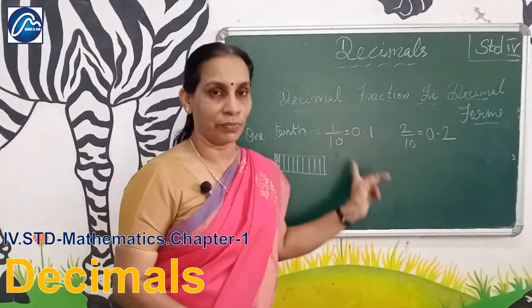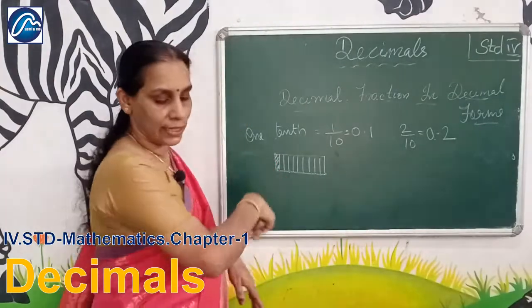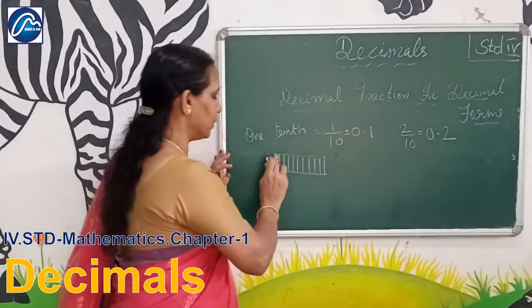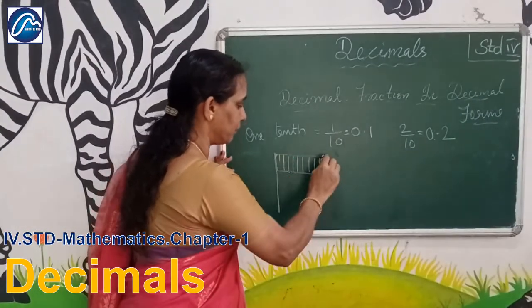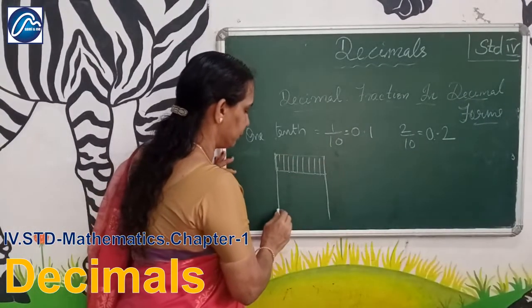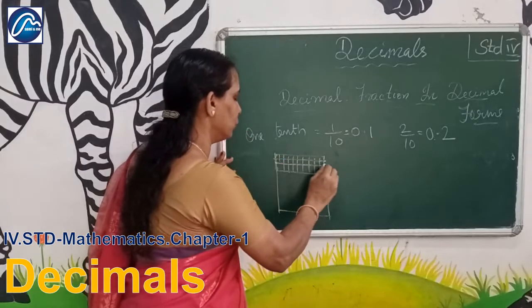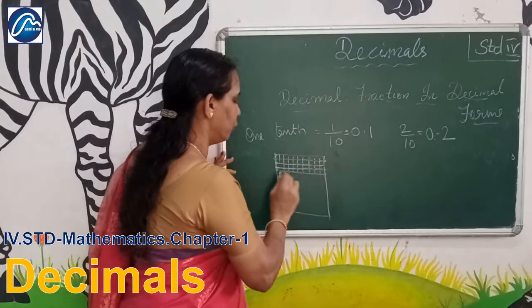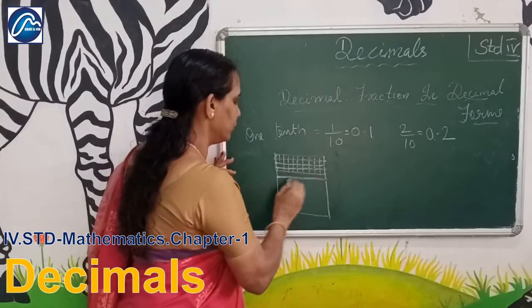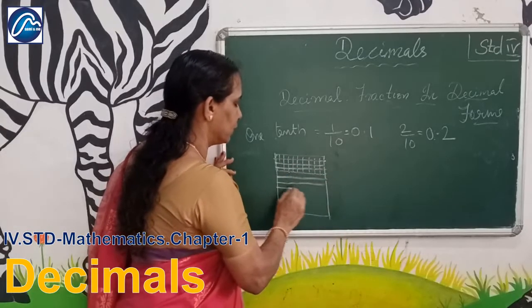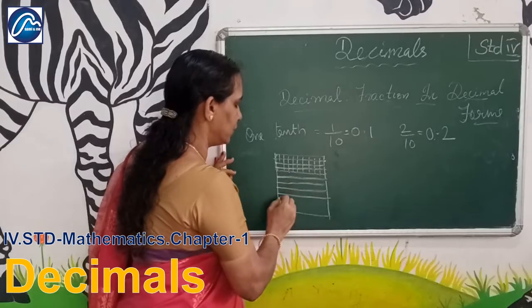If there are hundreds like this, if you have put 1, 2, 3, 4, 5, 6, 7, 8, 9.